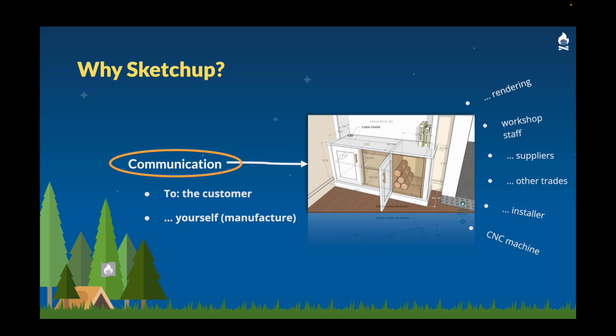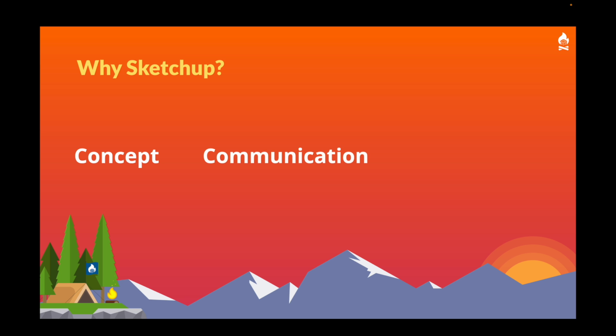They can just get onto the model online or download it to a desktop viewer, and all the other parties right through to our own CNC machine now we can control from the SketchUp model using the CabinetSense extension. So these are the three C's that sum up for me the strengths of SketchUp.